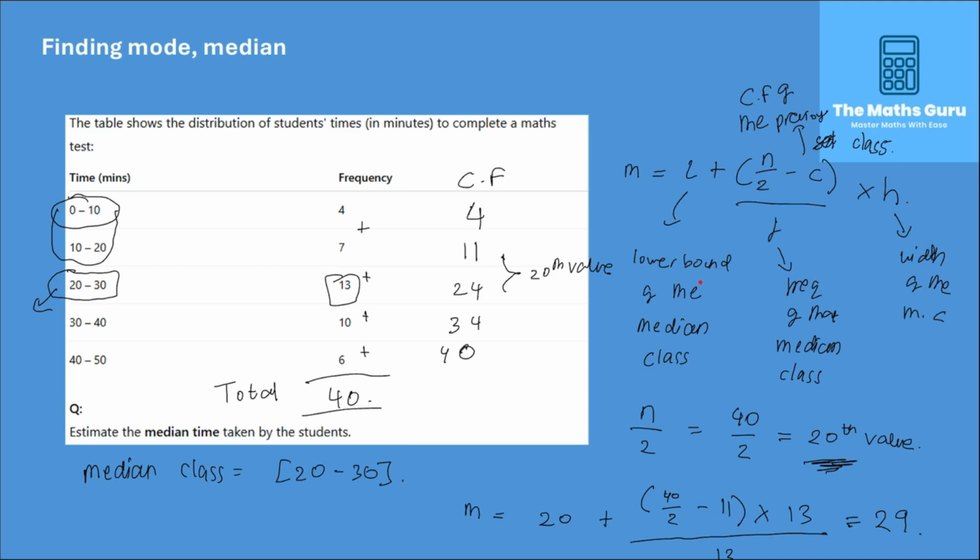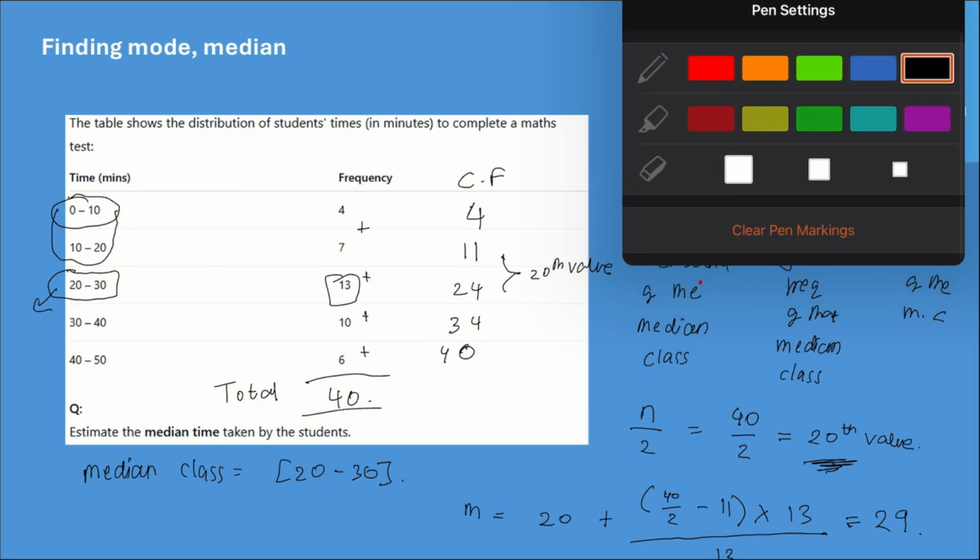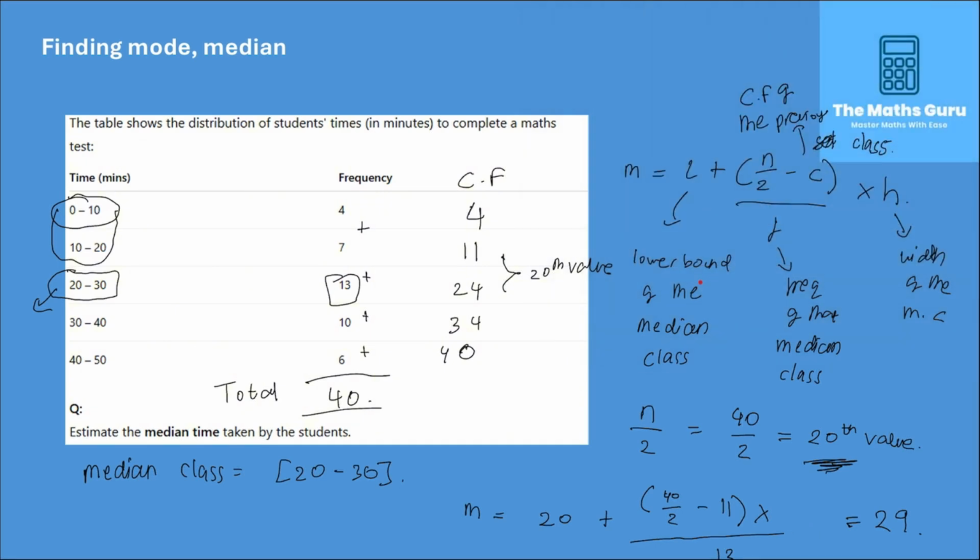Oh, sorry, no, I've made a mistake. This is a silly mistake I've made. So the width of the class is using the upper bound minus our lower bound, we obtain our width. So we have to times by 10 here.